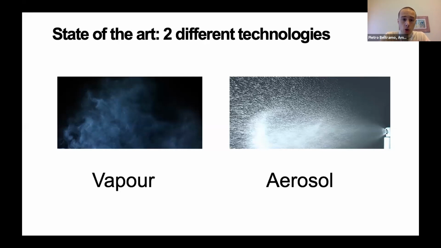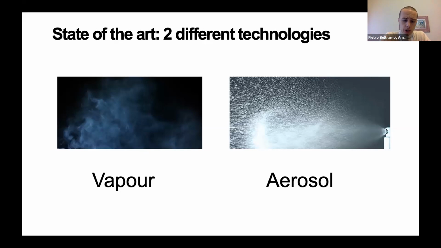There are technologies that apply H2O2 in vapor, and you can clearly see that it's like a smoke, so definitely it's a gas. And there are technologies which apply H2O2 in liquid phase, like small droplets of aerosol.